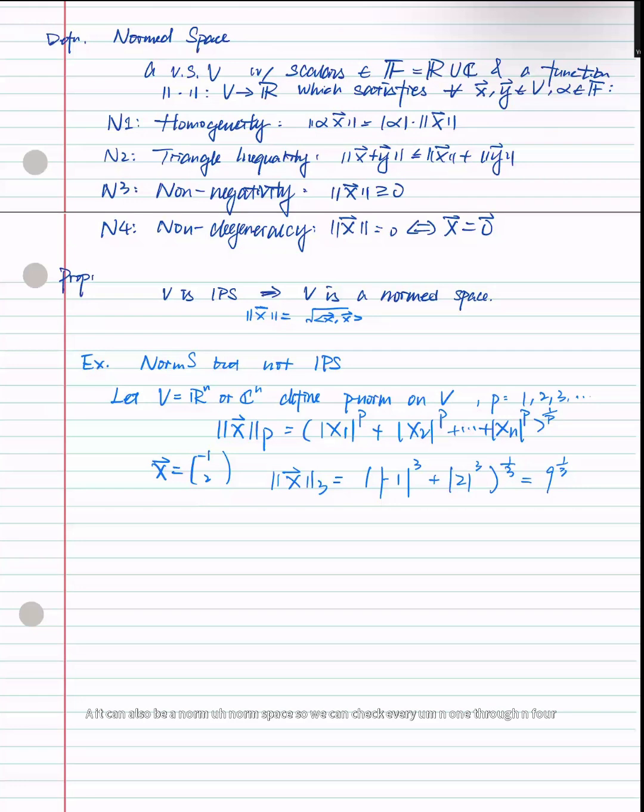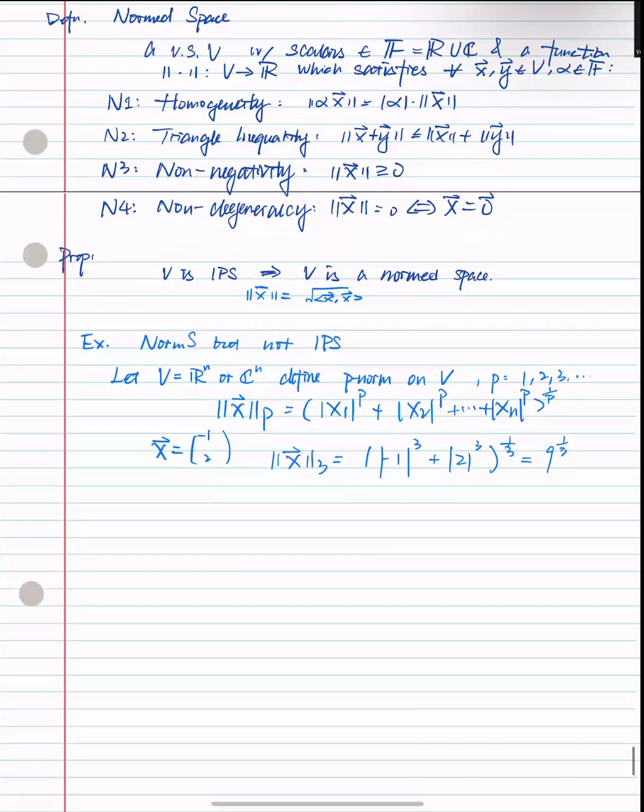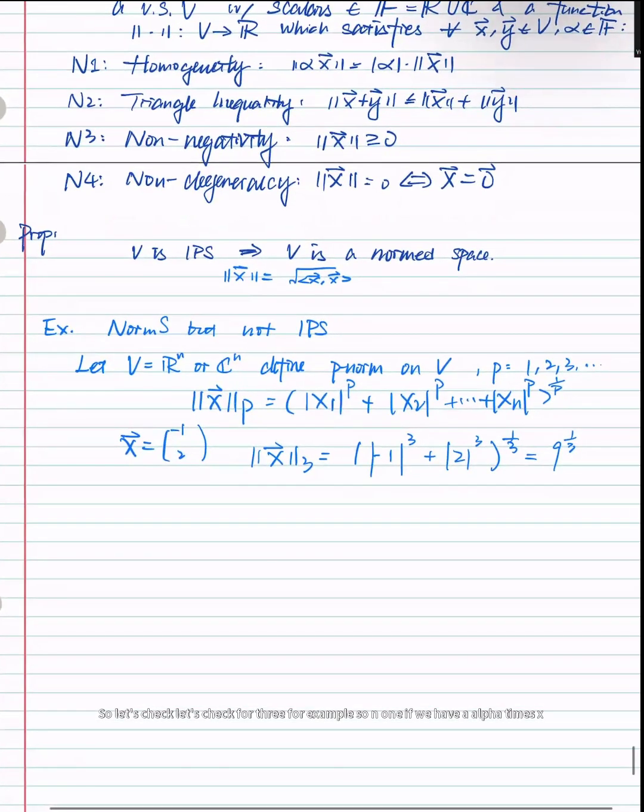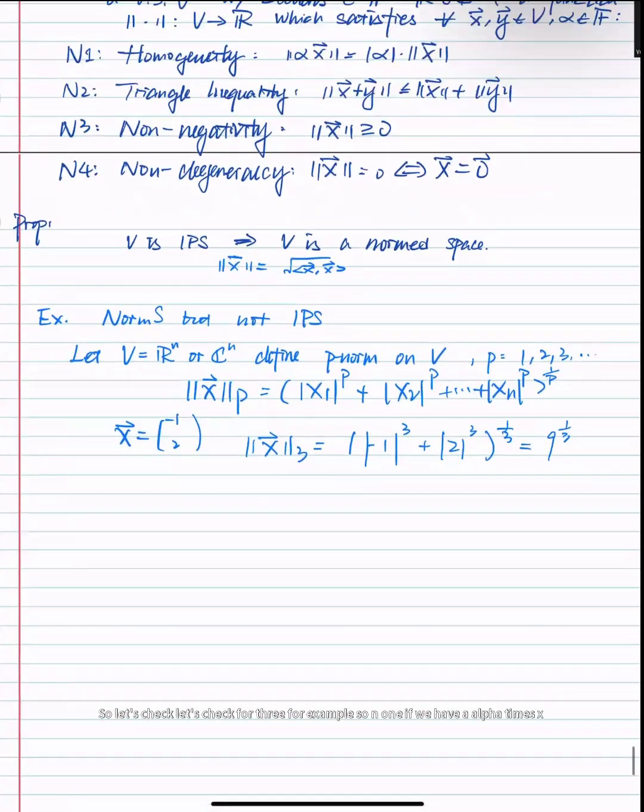So we can check every property, 1 through 4. Let's check for p equals 3, for example.